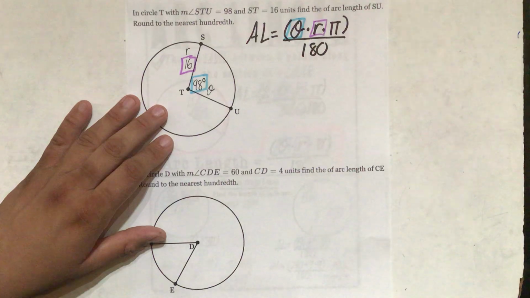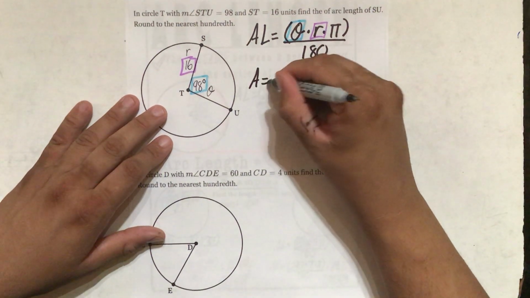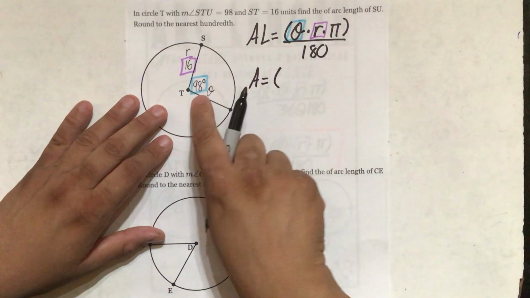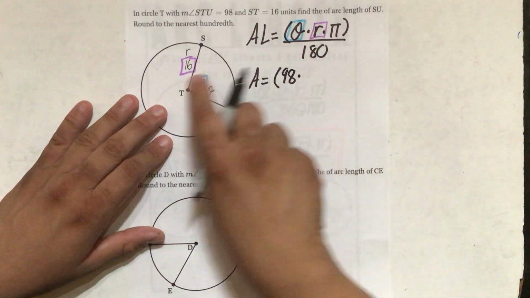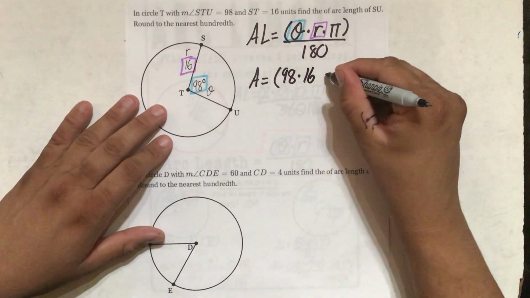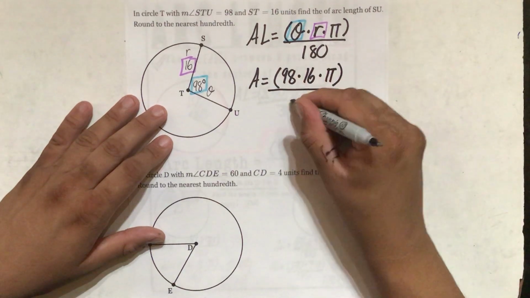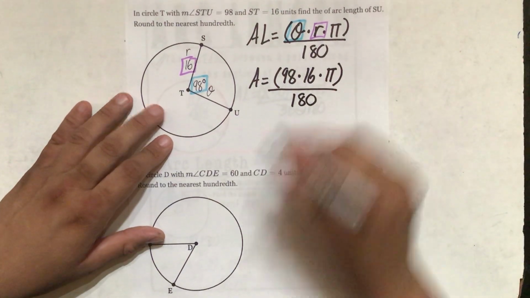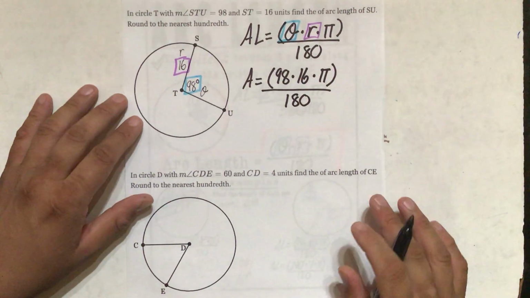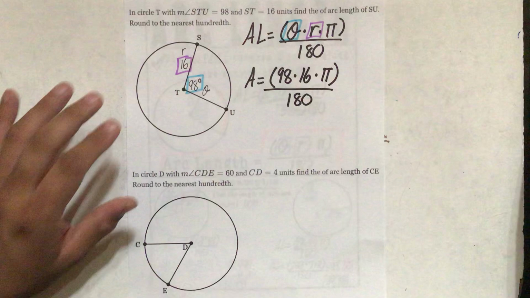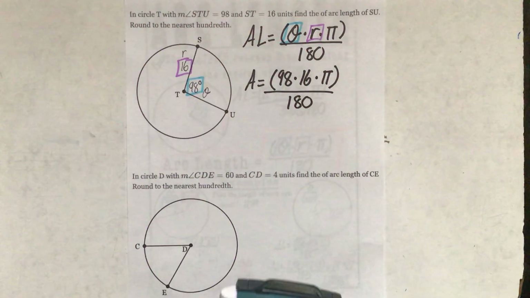So now all I'm going to do is simply substitute. AL is equal to parentheses theta, 98, times R, 16, times pi, all over 180. Now use your Delta Math calculator, which is on the top right of the screen, and enter this exactly the way you see it.